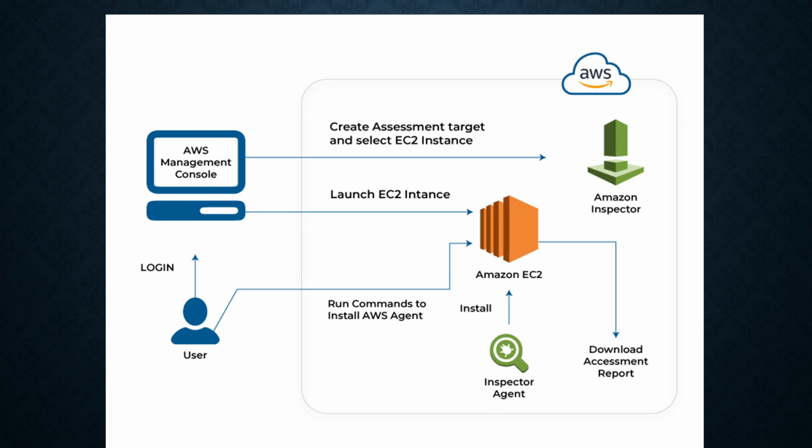If we launch an EC2 instance, it goes to Amazon EC2. If we run commands to install the AWS agent, it installs and goes to Amazon EC2. If we inspect anything with the Inspector agent, it goes to Amazon EC2. After all this, we can download the assessment report.